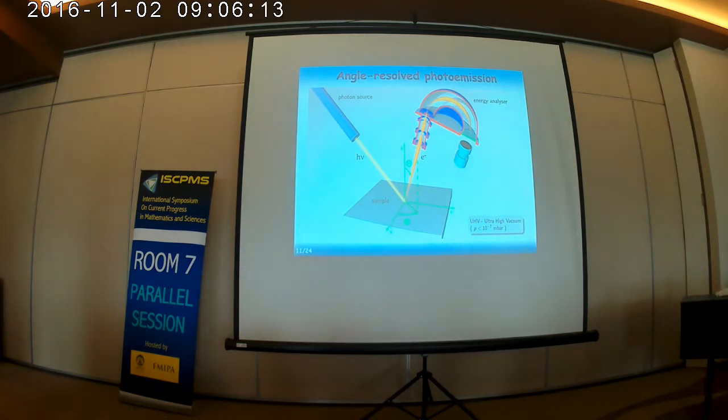His idea is that when the incident photon energy is higher than the work function of the material, electrons in the top several layers of the material will be ejected out of the material. And by looking at the energy and momentum of these photoelectrons using an energy analyzer, we can get the information of the electronic band structure of the solid state material.